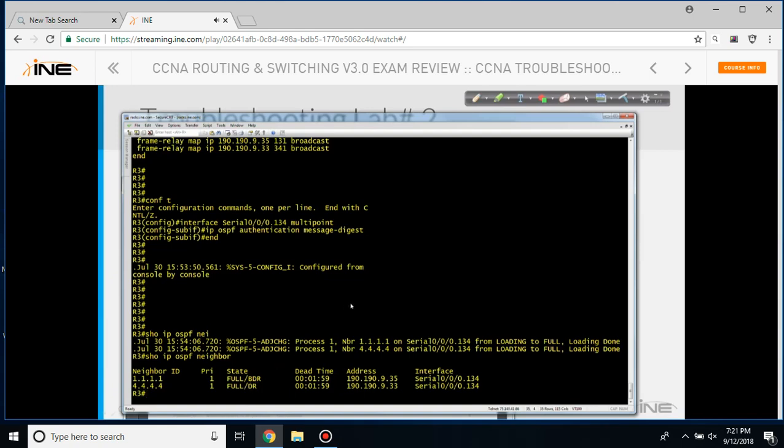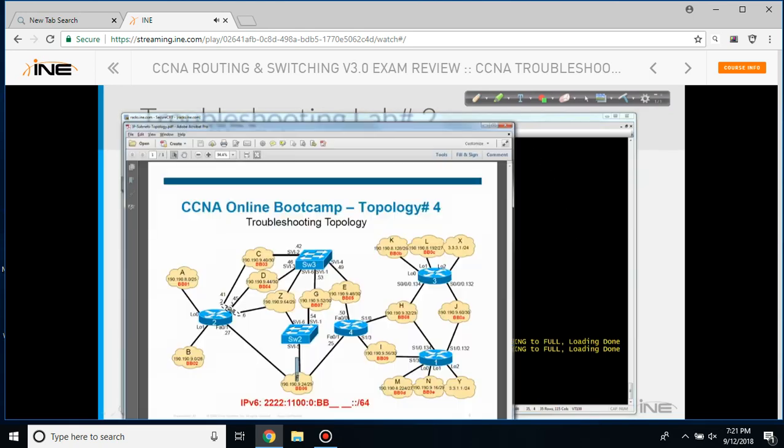Okay, now that's not going to override the static route on R4, because a static route has a lower administrative distance. But even though R4 has a static route, he now should have received an LSA about this network.